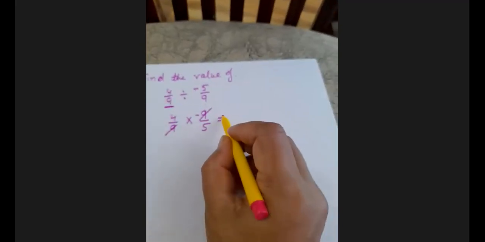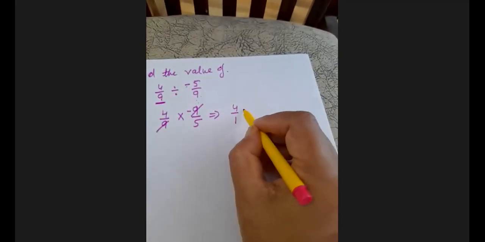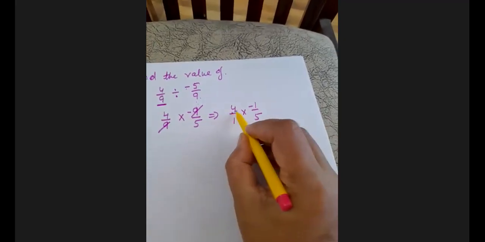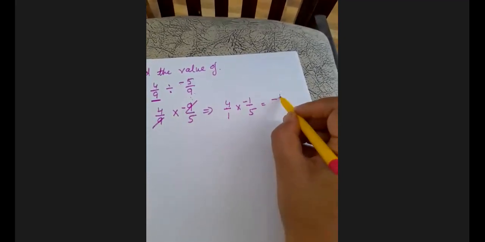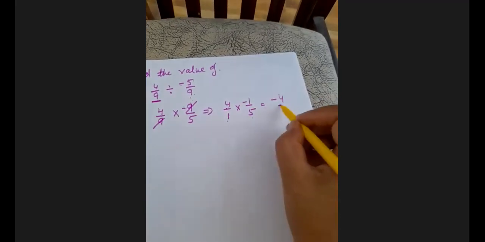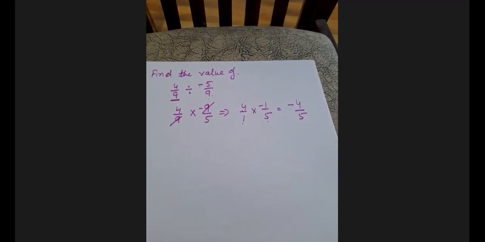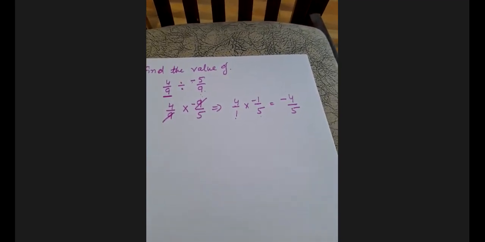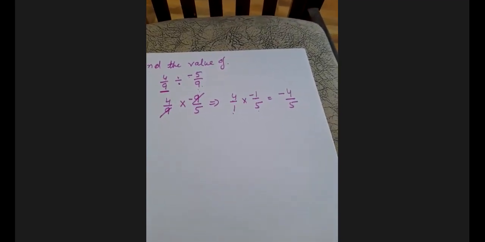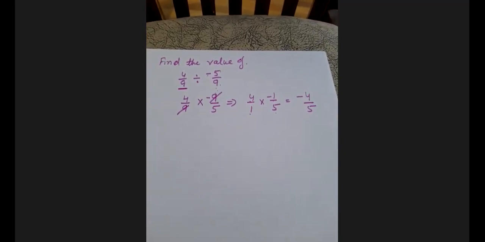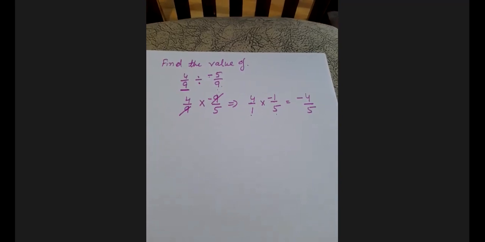Here we have 4 upon 1 multiply -1 upon 5. 4 multiply -1 is -4. And 1 multiplied by 5 is 5. So result is -4 upon 5. Clear, students?